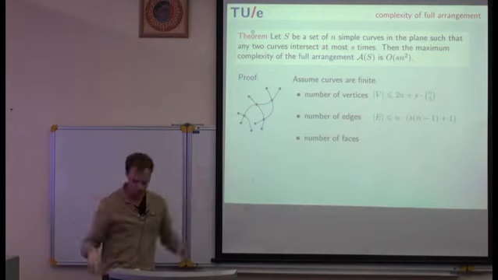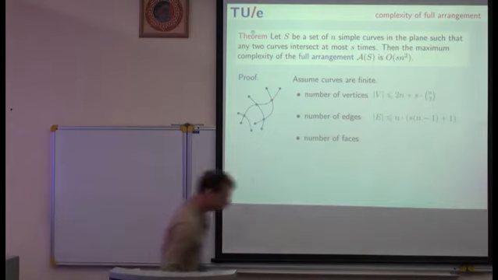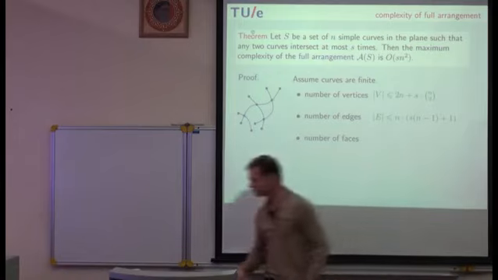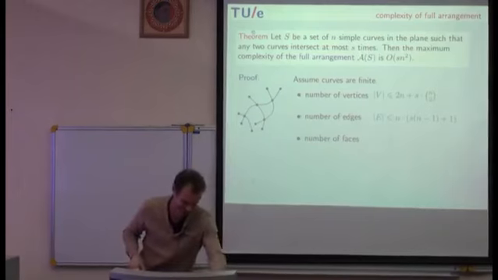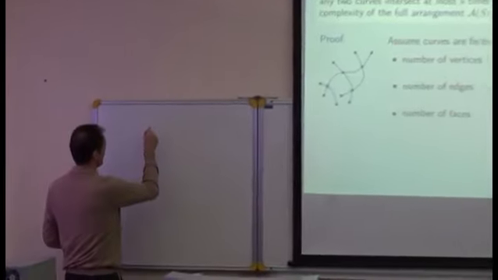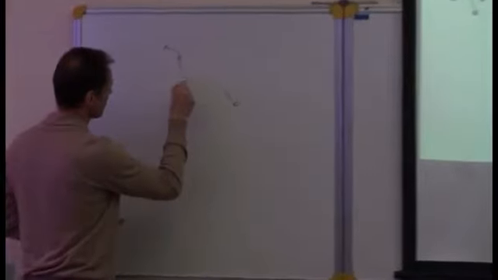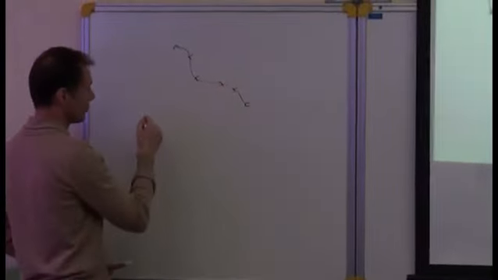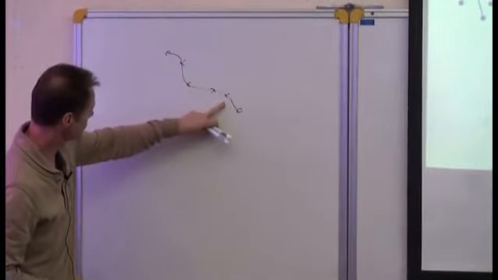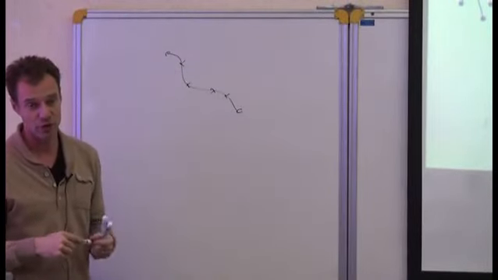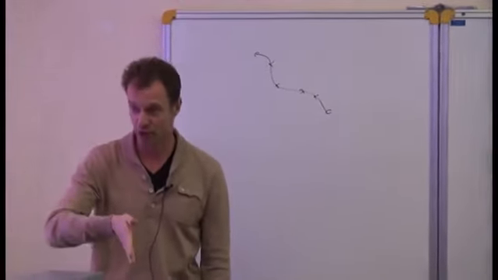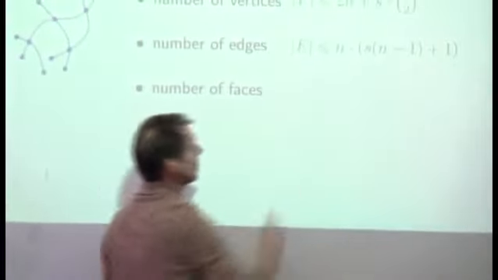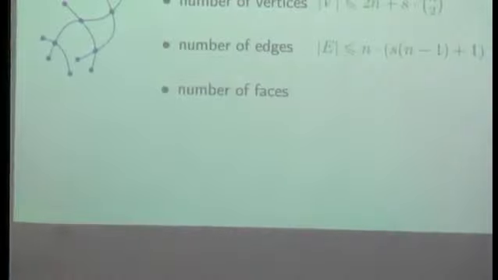Well, I have a curve with a number of intersection points, and the number of edges is the number of intersection points plus 1. How many intersection points? In the worst case, every other curve could intersect this one in s points. So I get s times n minus 1, plus 1. And I can do this for n curves, so that's it.